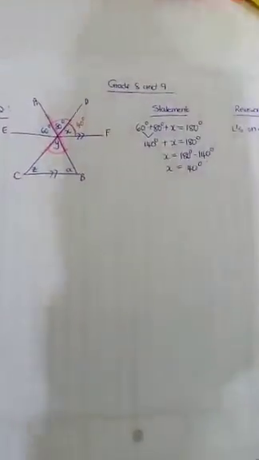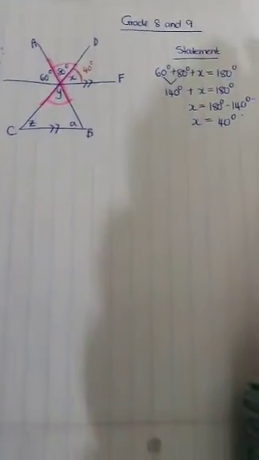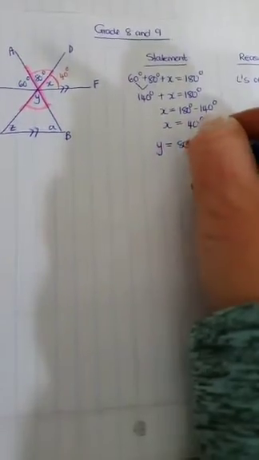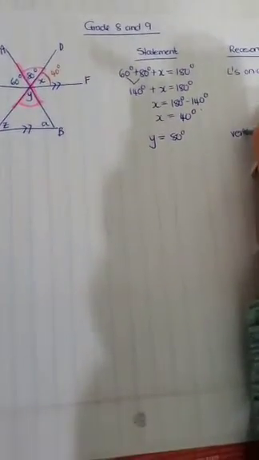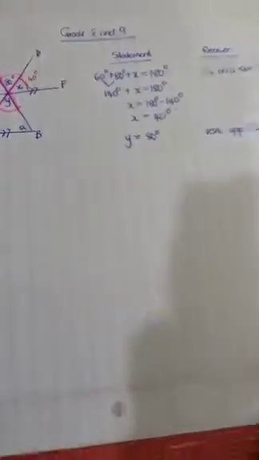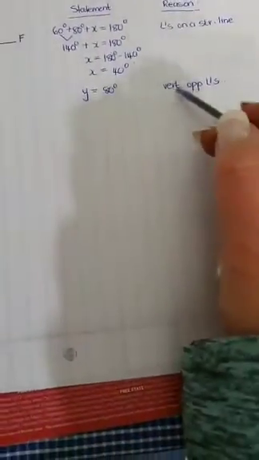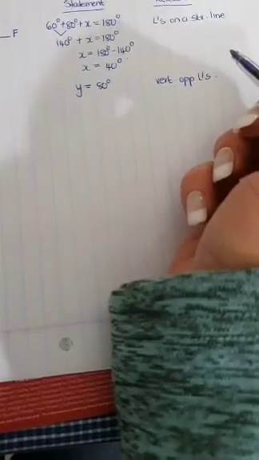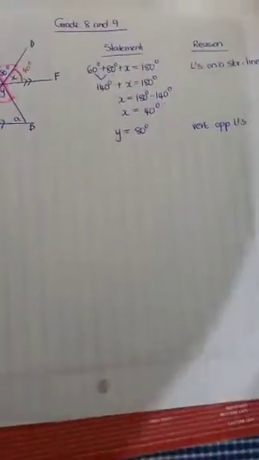So in your statement column, you will write that Y equals to 80 degrees, and your reason would be vertically opposite angles. Okay, you don't need to write vertically opposite angles equal, because we know that by that statement. Okay, so this is now 80 degrees.